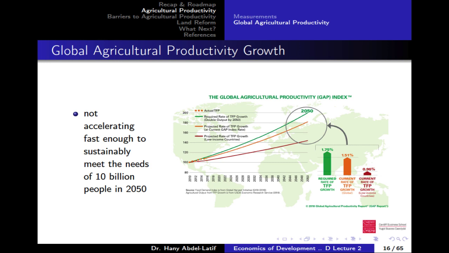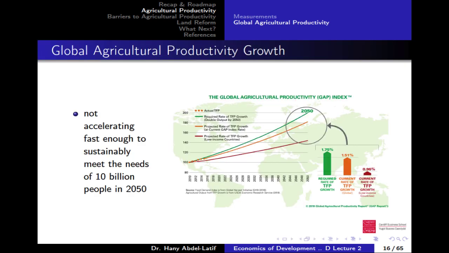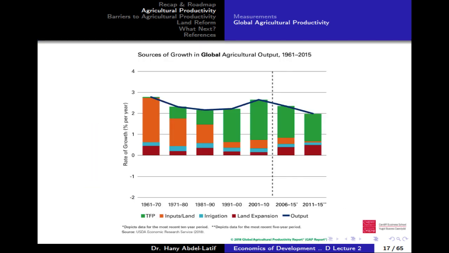Okay, now if we break down this output growth to where it comes from, this graph, and by the way, I think there's a link to this study, so you can read it in full if you want to. What we see here is that total factor productivity is the green. Again, this is global, and this is the average from 1961 till 2015.